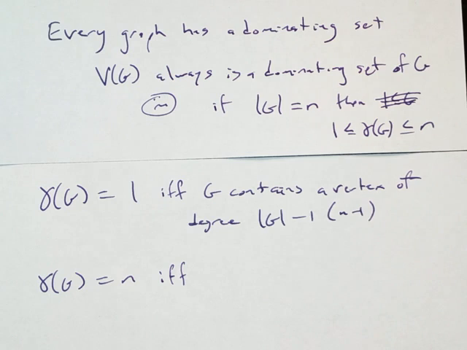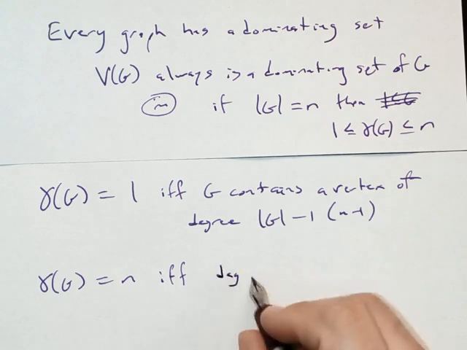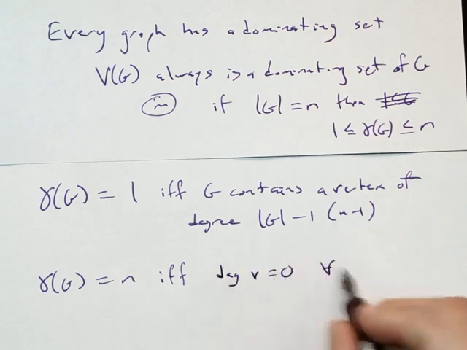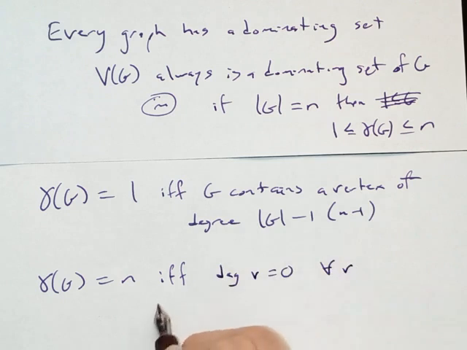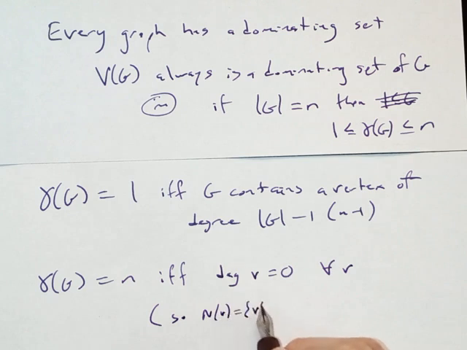Every vertex has degree 0. I'm going to use a bar on top of neighborhood to indicate closed neighborhood.